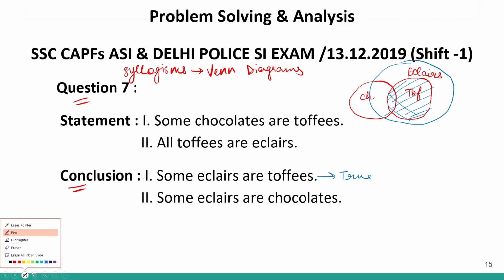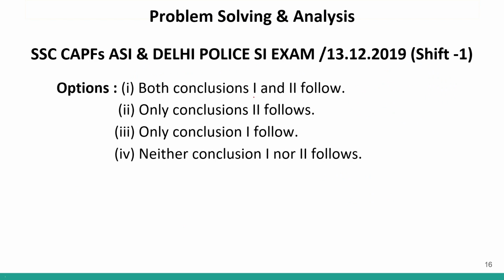If I use a different pen to highlight this part, this part between eclairs and chocolate is overlapping. So, this statement will also be true. So, both my conclusions follow. So, both conclusions 1 and 2 follow is given in option number 1. So, option number 1 will be your correct answer.